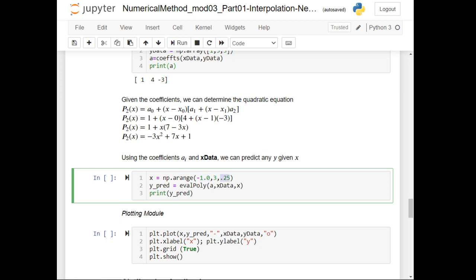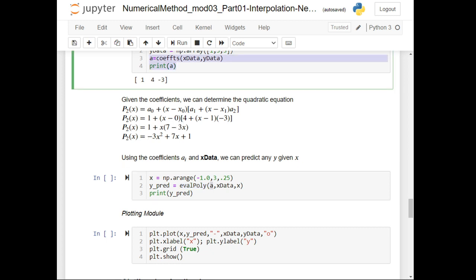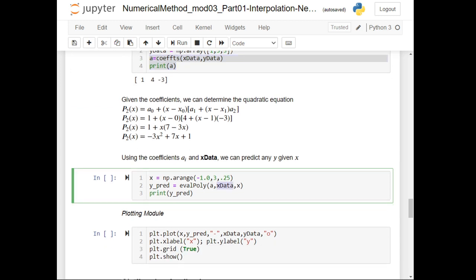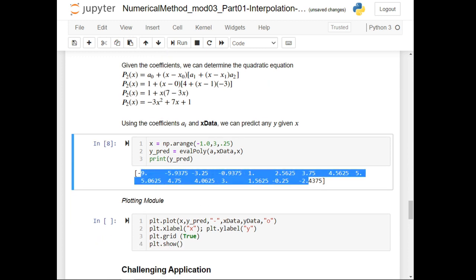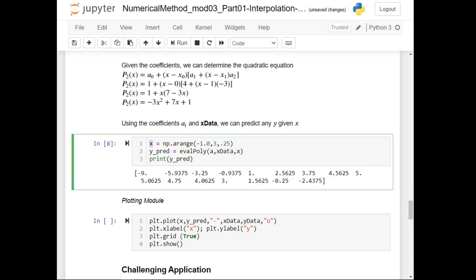Using our previous function, evalPoly, and the coefficients derived from here, and the x data, lastly we have the desired x we want to predict. Here we have the predictions for the respective x.